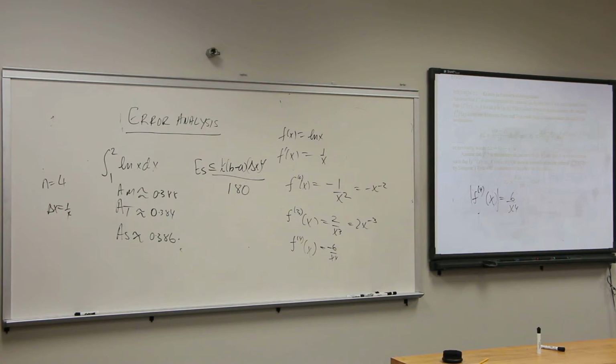Take your calculator and you will see it. 6 over x to the 4 also looks like that. Its maximum is at x equals 1.